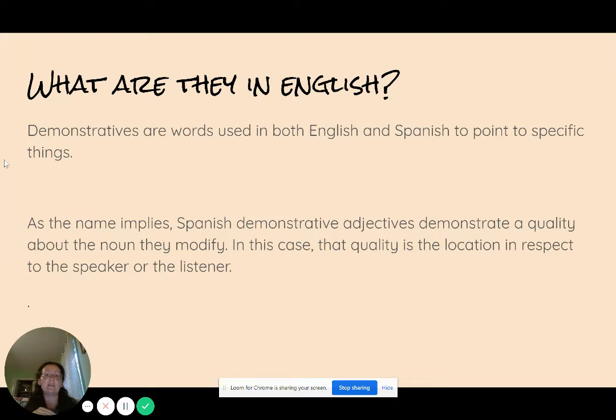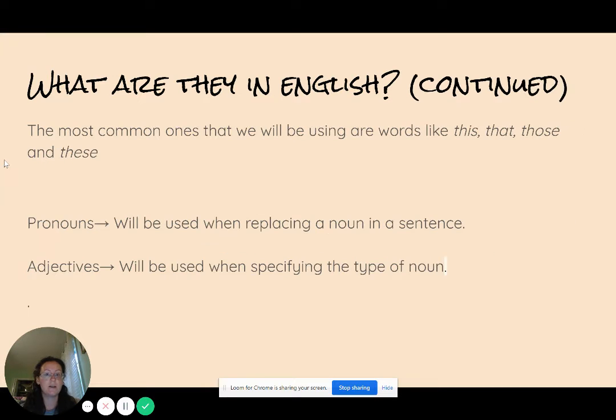So in this case, the way we are going to use it, it's going to demonstrate your proximity to that object. So it's going to demonstrate the location of the object. So the most common ones that we are going to be using are words like this, that, those, and these.